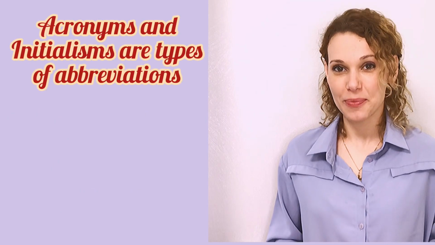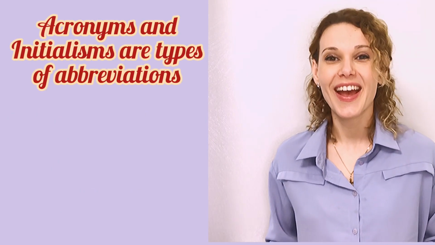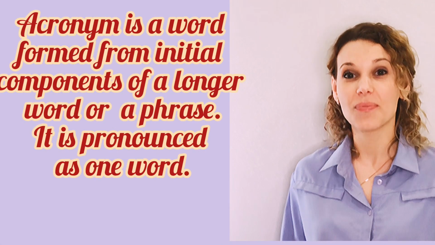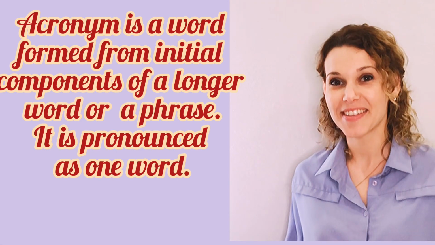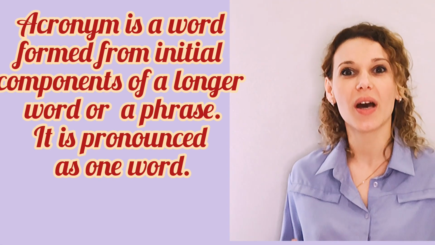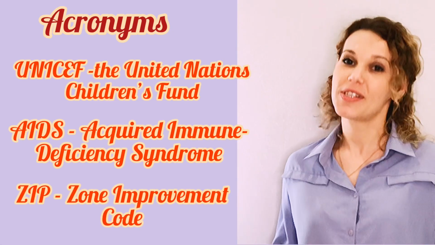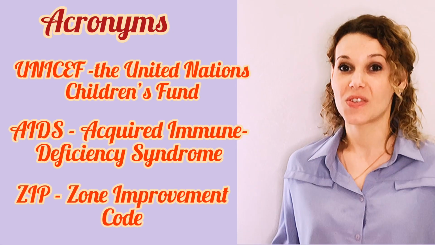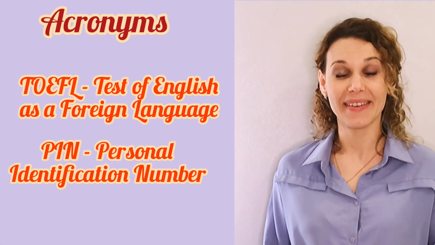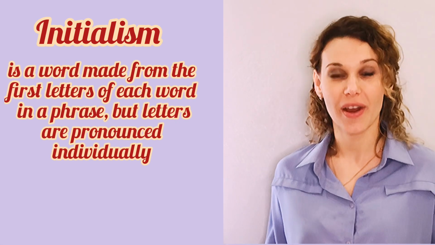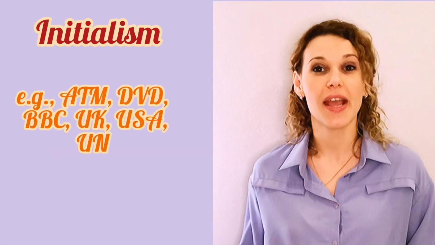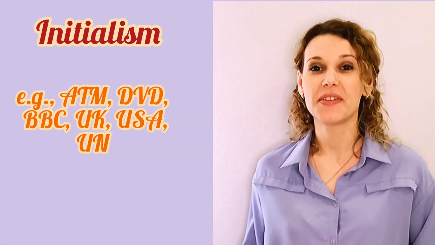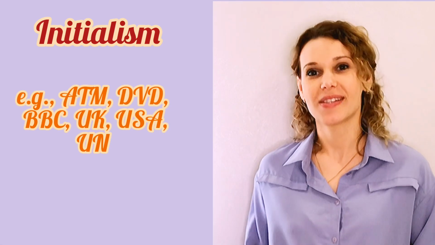Abbreviations have different types, and among them are acronyms and initialisms. Acronym is a word formed from initial components of a longer word or phrase, and it is usually pronounced as one word, and we say UNICEF, AIDS, ZIP, TOEFL, PIN. Initialism is also formed from initial letters of a long phrase, but we pronounce them individually, separately: ATM, DVD, BBC, UK, USA, UN.